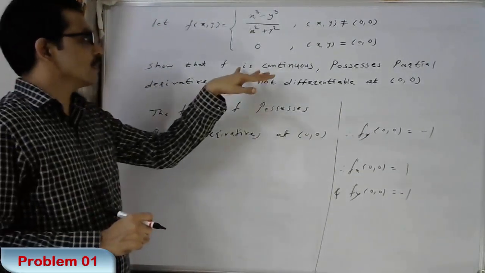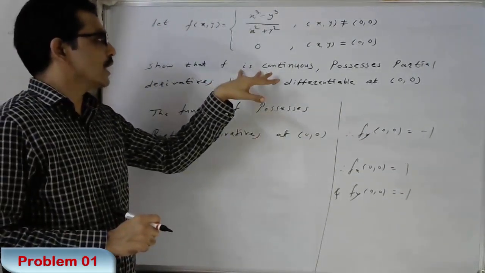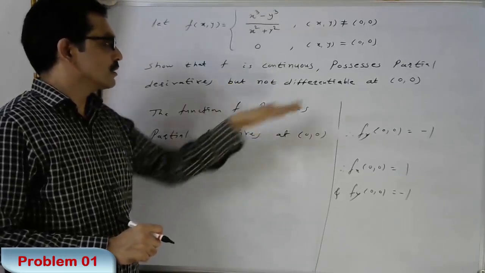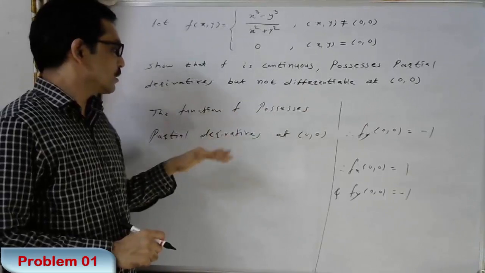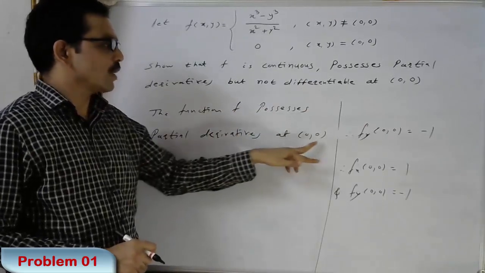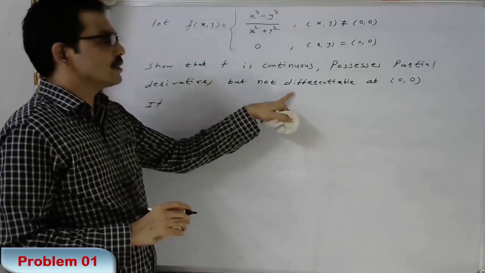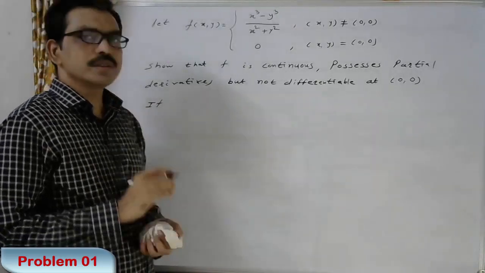In the first part, we have shown that the function f is continuous. In the second part, the function f possesses the partial derivatives at the point (0, 0). Now we have to show that the function f is not differentiable at the point (0, 0).